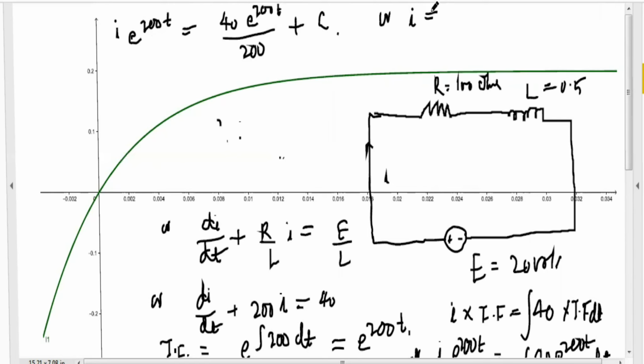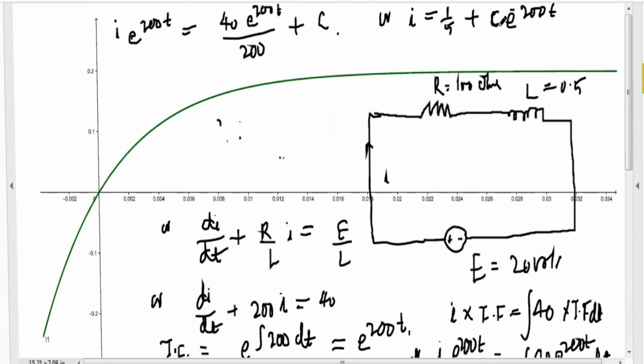On the right hand side, 40 e to the power 200t divided by 200, which is the integration of e to the power 200t. After integration, we add c. So the current I equals 40 by 200, which is 1 by 5, plus c e to the power minus 200t. This is the general solution of the differential equation for the current I in terms of t, where c is the general constant.